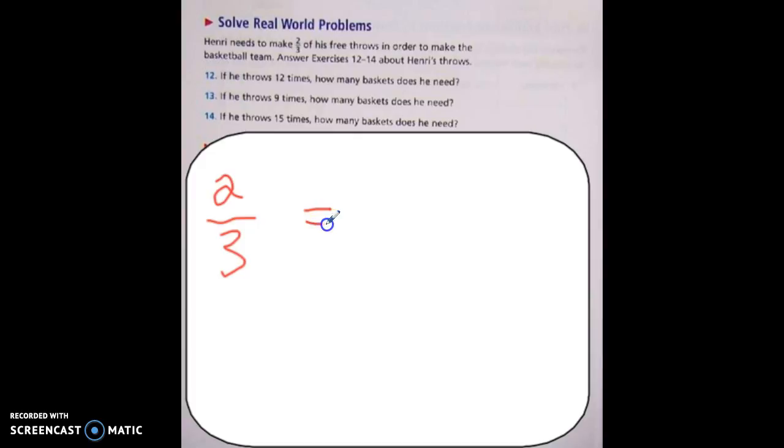And we need to know if he has 12 chances, so 12 total throws, how many have to go in the basket? In order to get that, 3 times blank is 12. 3 times 4 is 12. We have to do the same thing to the top and bottom. 2 times 4 is 8.